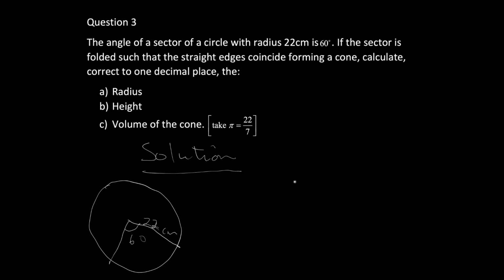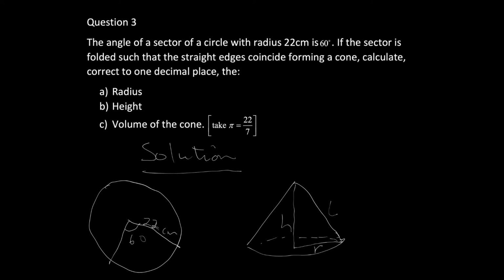Now let's draw our cone. The cone this sector forms should be this. Forgive my cone. Then we have this r, this h, and this is the slanted height of the cone.